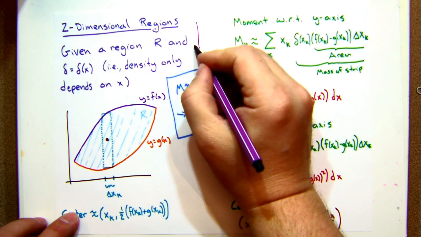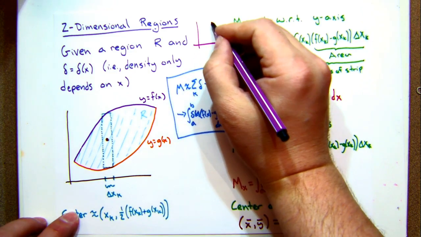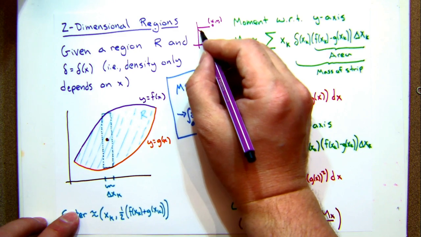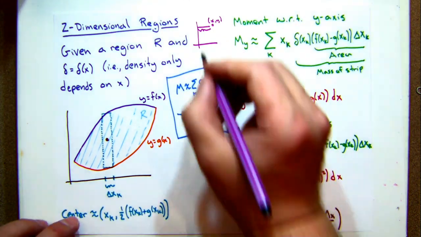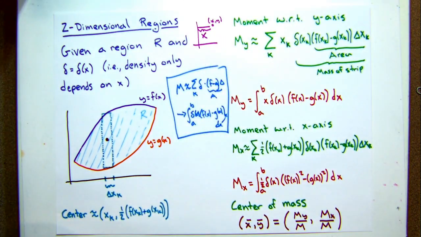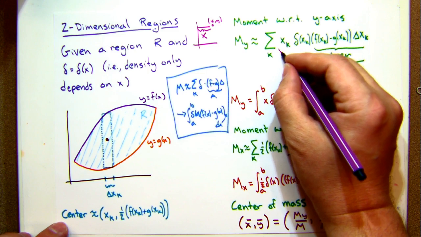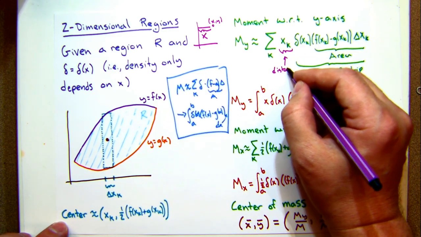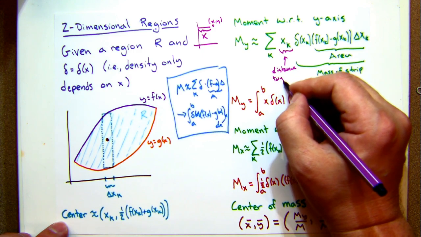How far am I from the y-axis? So in other words, here's my question. Here's a point, x comma y. How far am I from the y-axis? X. So when we talk about moment with respect to the y-axis, I'm going to use this x value, because this is the distance to the y-axis.